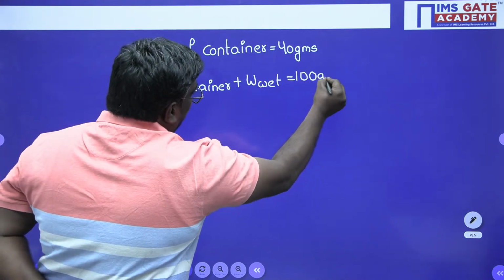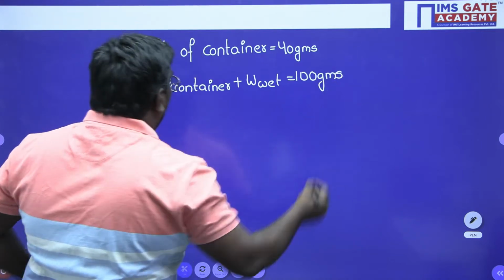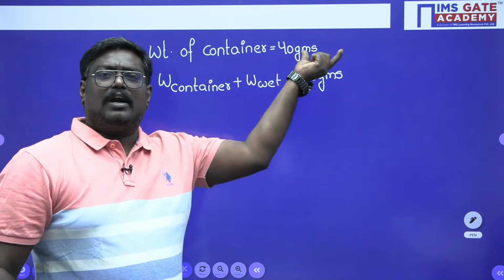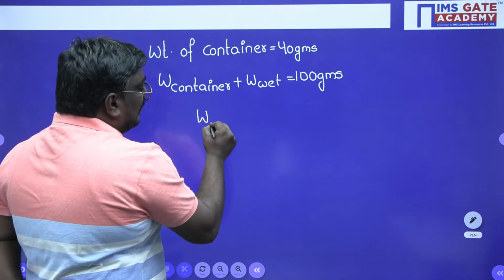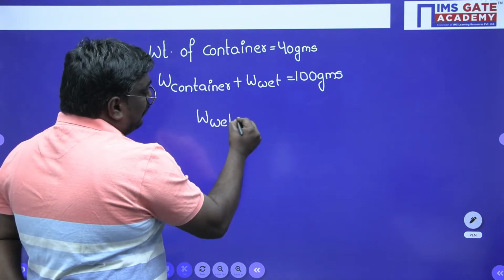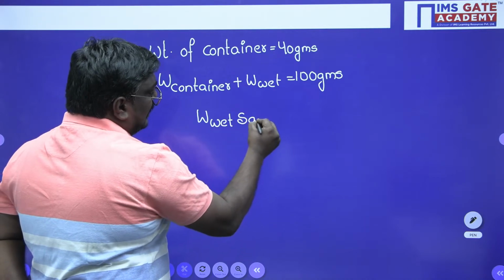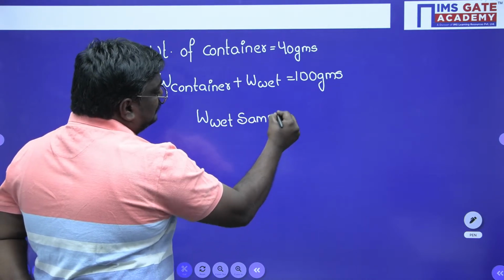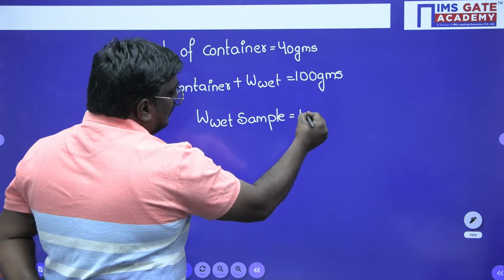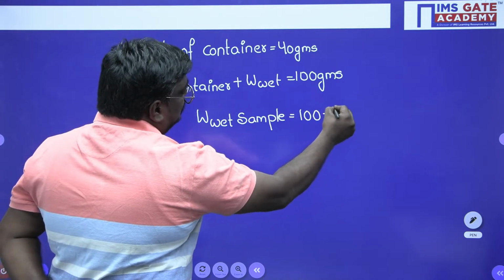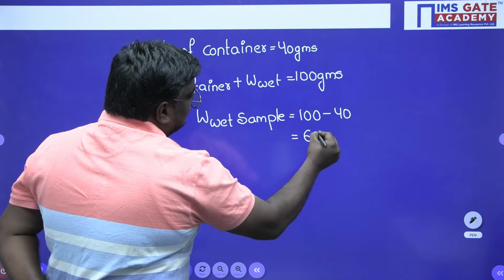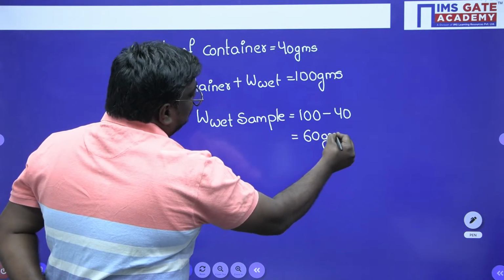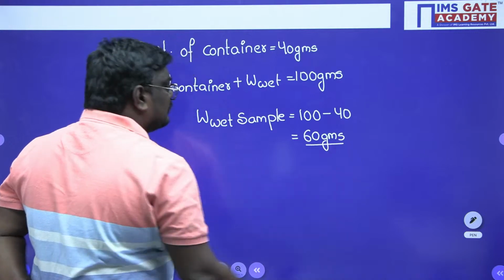Now you already know the weight of the container is 40 grams. So if you substitute here, the weight of wet sample can be calculated as 100 grams minus 40 grams, which will be equal to 60 grams. So the weight of the wet sample is 60 grams.